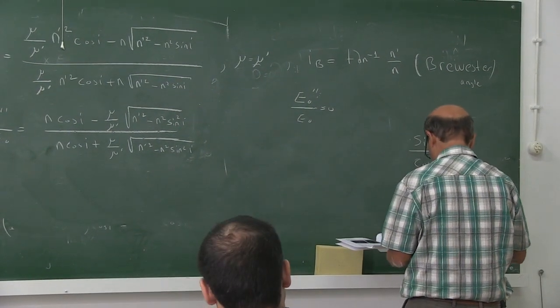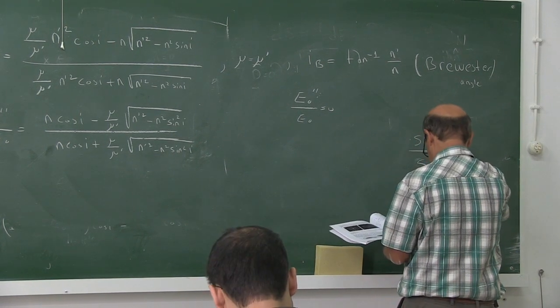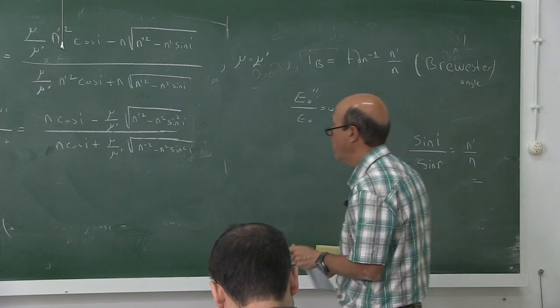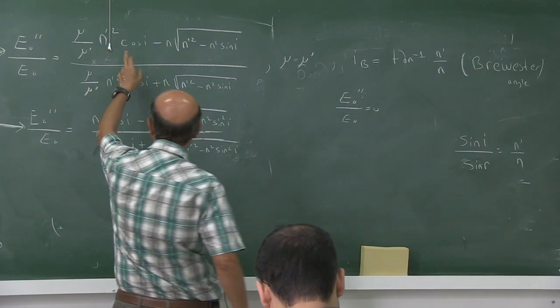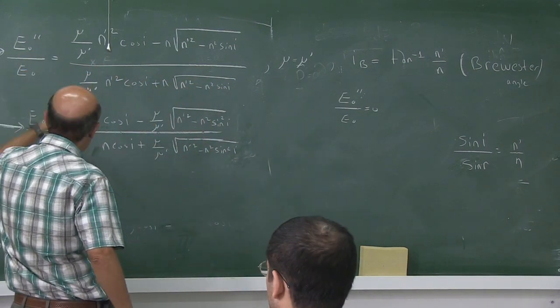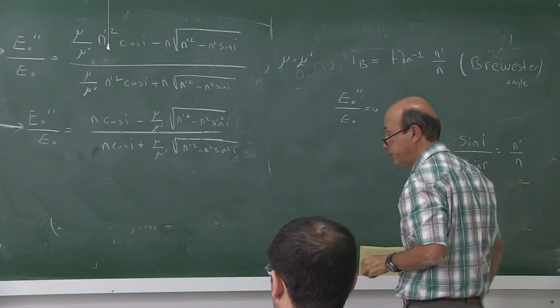Sine I over sine R, that is n prime over n. So you can use the Snell's law, and you can easily show that E0 prime over E0 is equal to 0 at this certain angle.